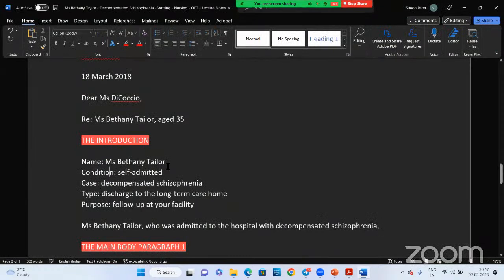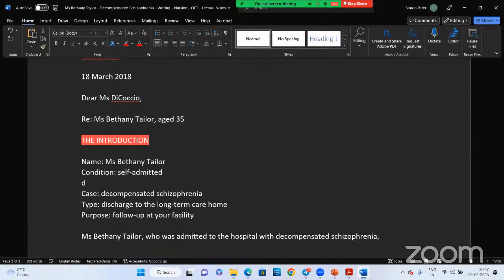So the condition, self-admitted, now self-admitted. Schizophrenia was diagnosed long back. So this is there, diagnosed. Diagnosis is schizophrenia. Many people write who was diagnosed with schizophrenia, but she was not admitted to the hospital with schizophrenia.